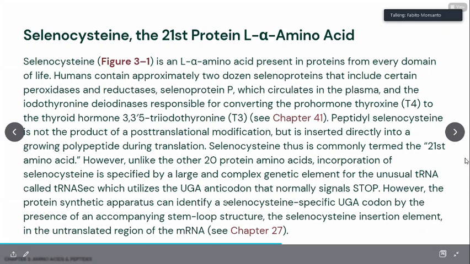However, the protein synthetic apparatus can identify a selenocysteine-specific UGA codon by the presence of an accompanying stem loop structure, so selenocysteine can be inserted into a protein.